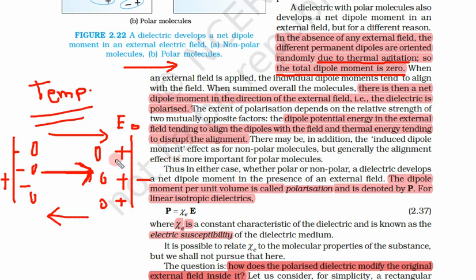The dipole potential energy in the external field tends to align the dipoles. So there is a potential energy of the dipoles which is trying to align them in the external field, and then there is the thermal energy. There is a comparison between two energies, the external electric field and temperature. Temperature is making them disordered while the external field is aligning them.